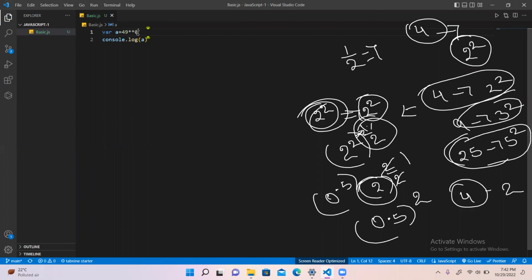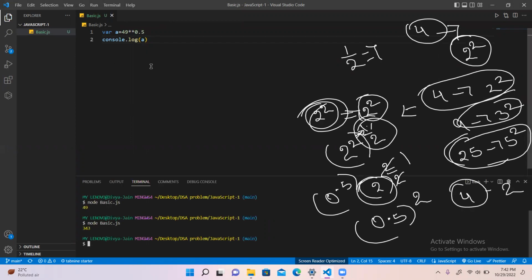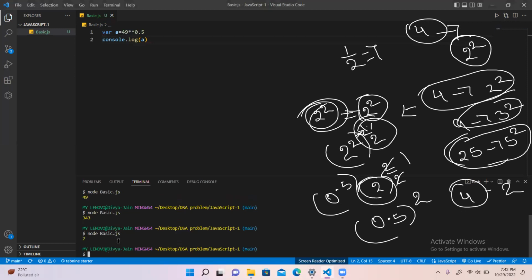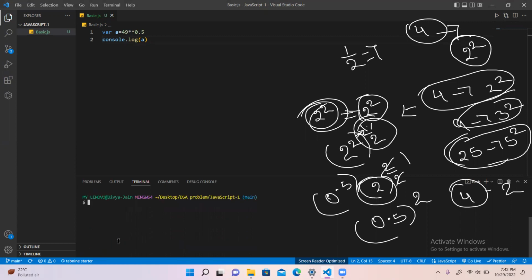So you can write 0.5 and after that you can console this value. You can write node basic.js. Here is the answer. For your clarity, I can clear my terminal and after that I will see the right answer.